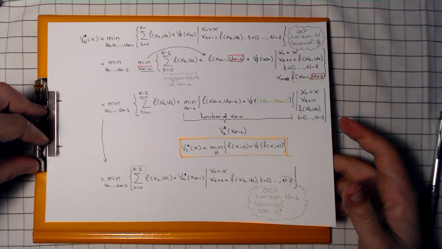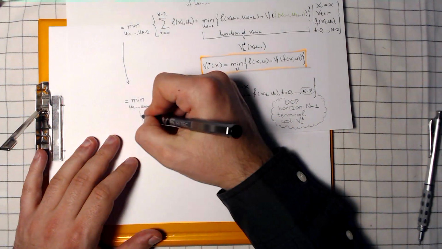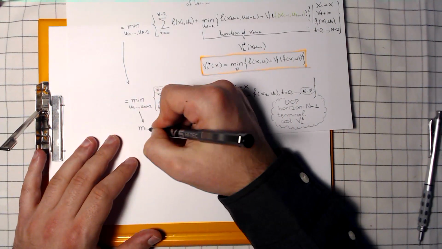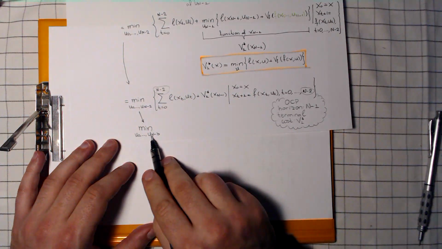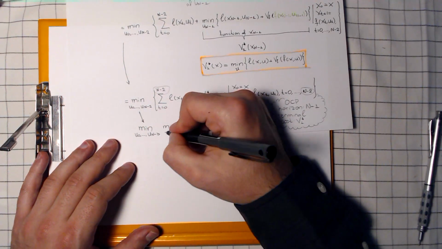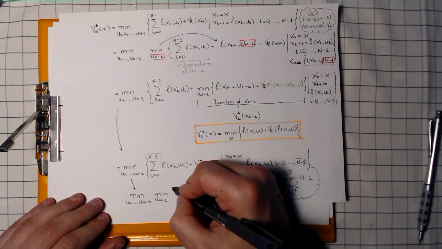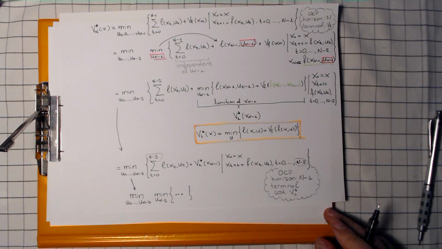And if we keep doing that, the next step of course would be to break this minimum down like this. Go to un minus 3, minimum with respect to un minus 2. We can break it down like that.